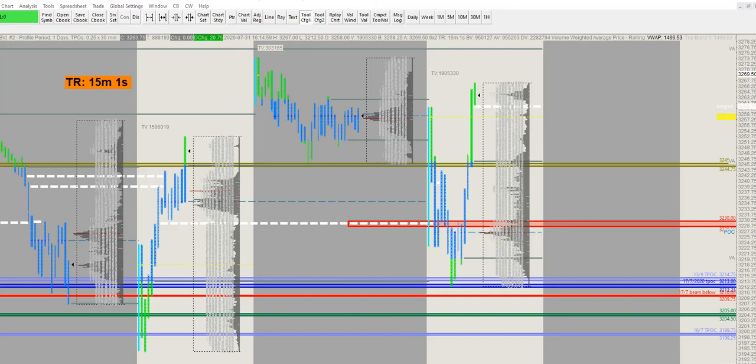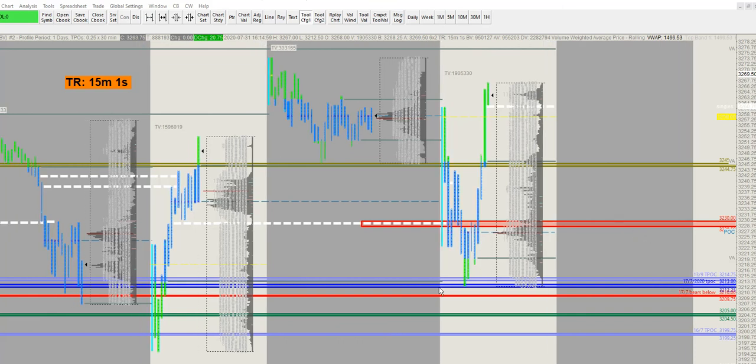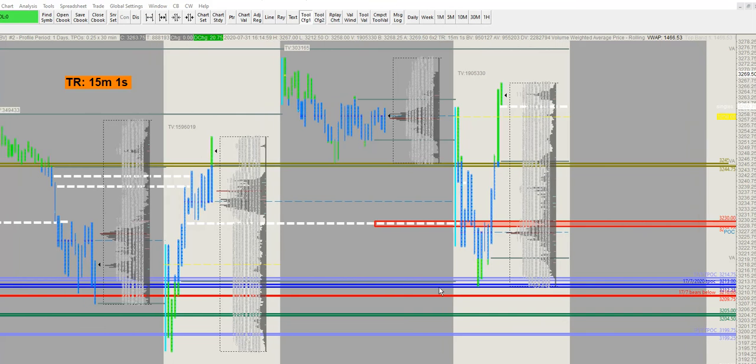NASDAQ has the big techs, the Apples, the Microsofts, and all of that has an influence on how the index trades. But I think each index has its own levels, and you have to trade them distinctly, and not say, oh well, NASDAQ's super bearish, so ES is probably going to follow too.